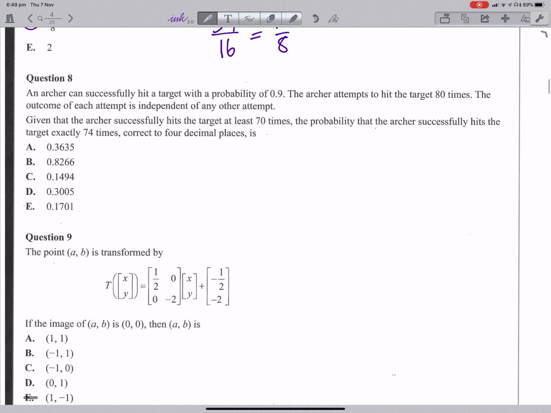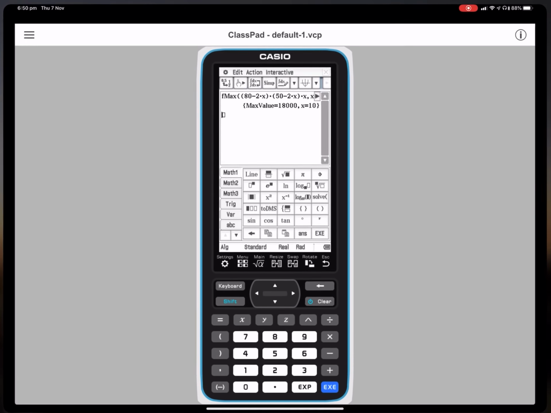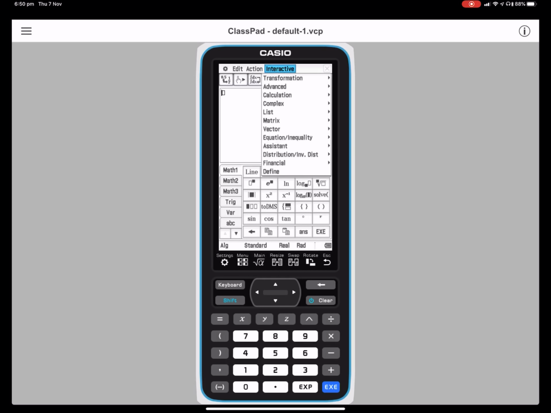Okay, an archer can successfully hit a target with a probability of 0.9. The archer attempts to hit the target 80 times, the outcome of each independent of another. Given the archer successfully hits the target at least 70 times, the probability the archer hits a target exactly 74 times, correct to 4 decimal places, is... We want to first put a divider because it's a given question.